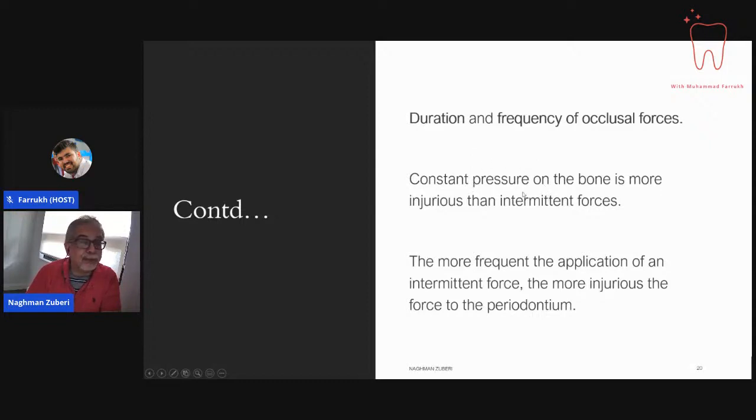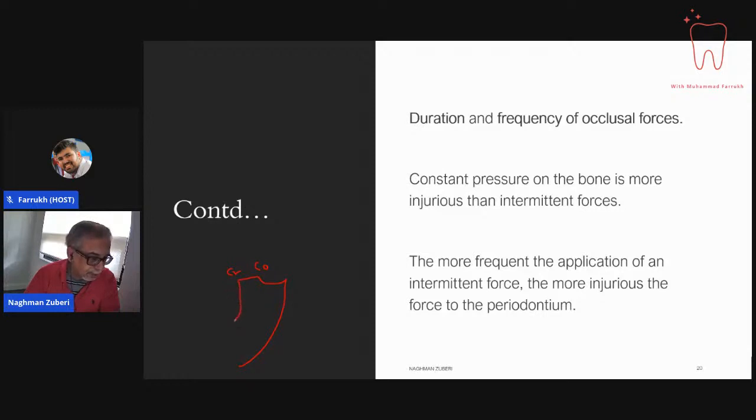If you look at Posselt's envelope of occlusion, what happens in that, I will just draw it roughly for you. It is something like this. From centric relation to centric occlusion, as I told you, in most people there is always a shift. And then from protrusion to excessive protrusion, and then we have excessive opening, and then closure.